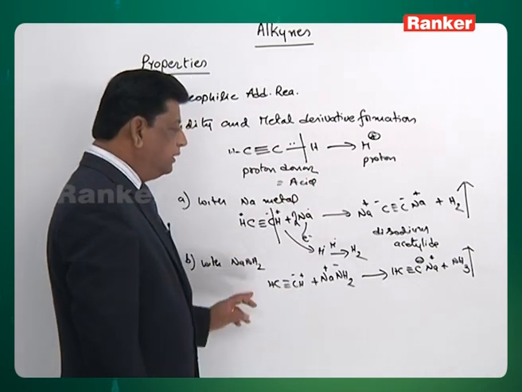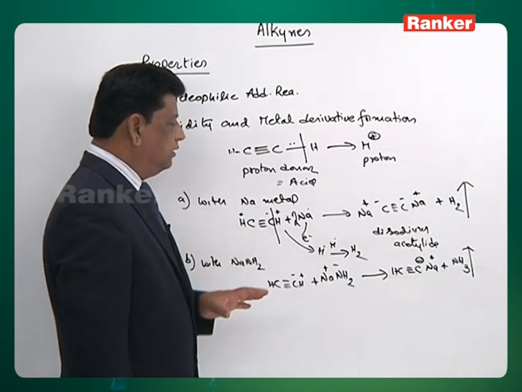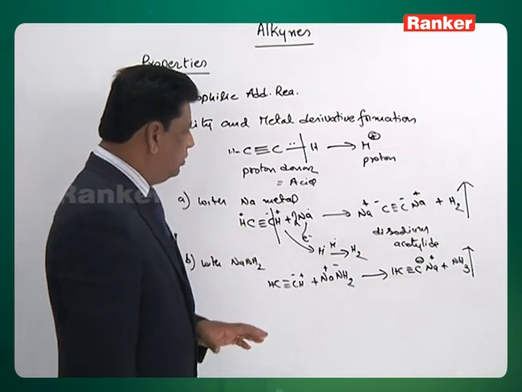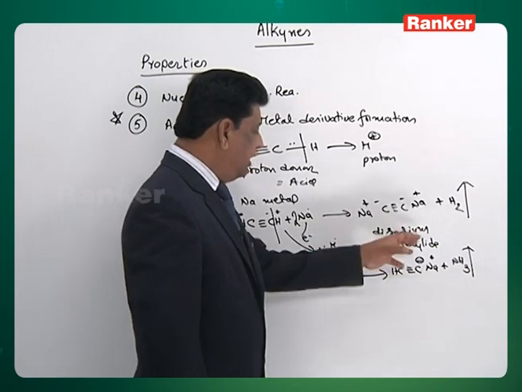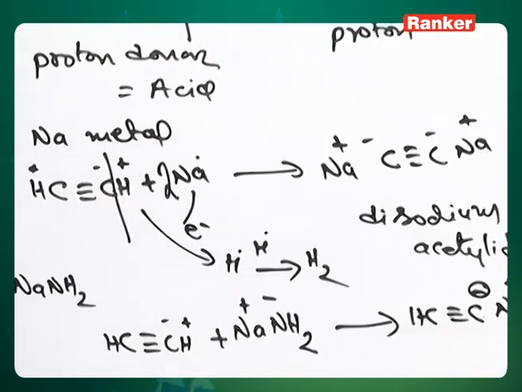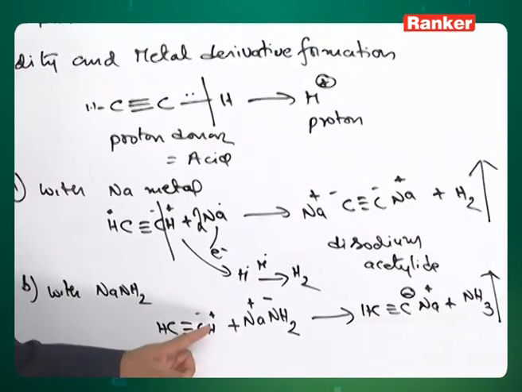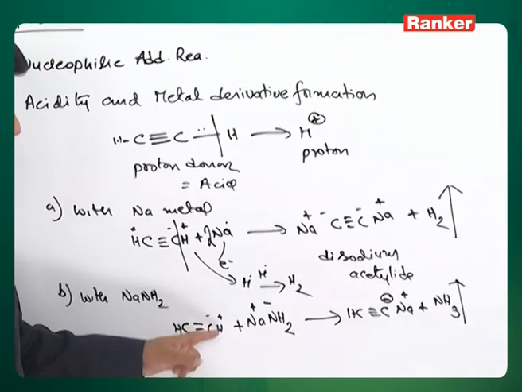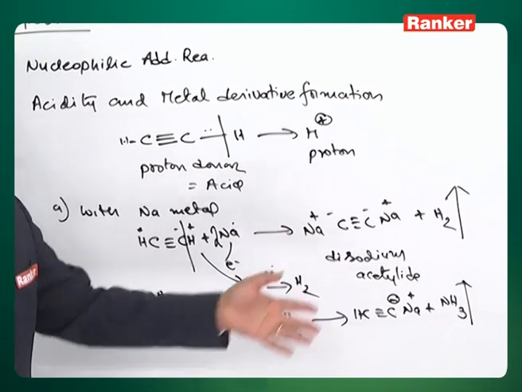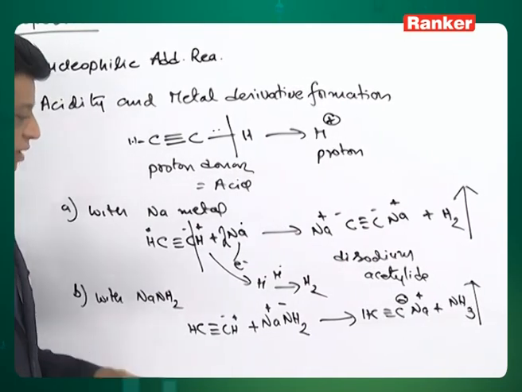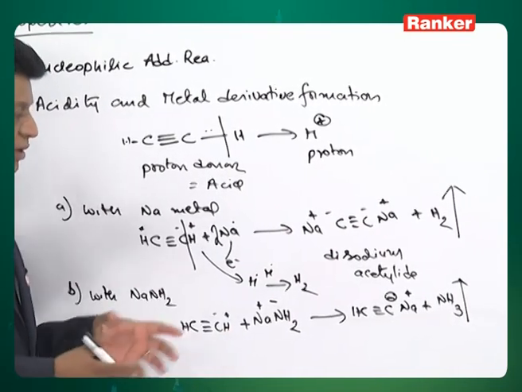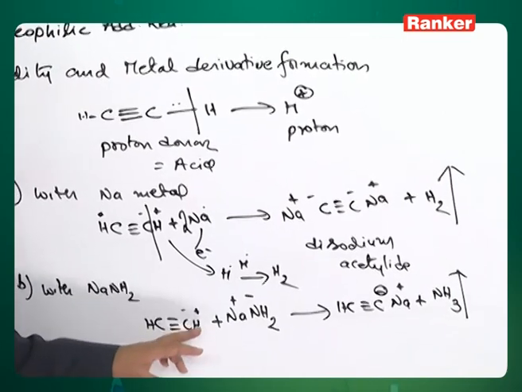So these methyl derivatives play a crucial role in the preparation of higher alkynes from lower alkynes, provided the acetylenic hydrogen is there. That hydrogen you can make into a salt and then add one R. So different types of alkyl groups can be introduced on the acetylenic carbon.